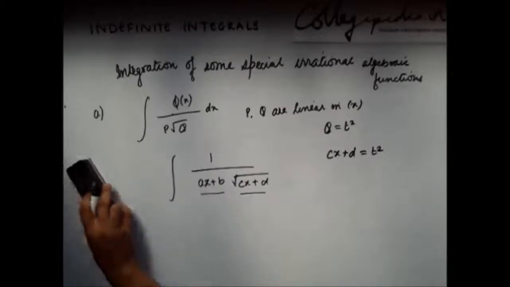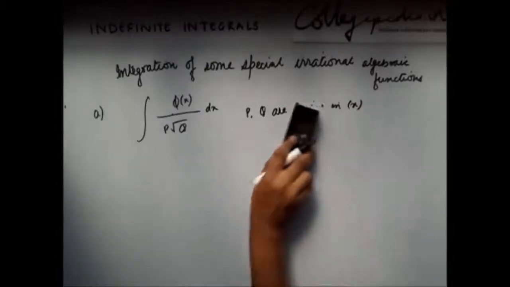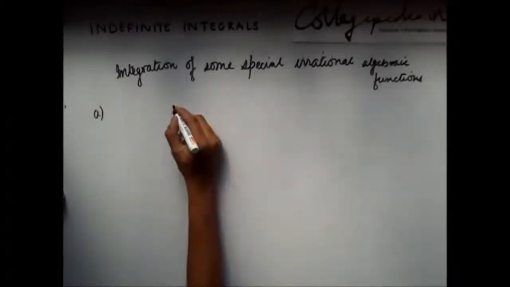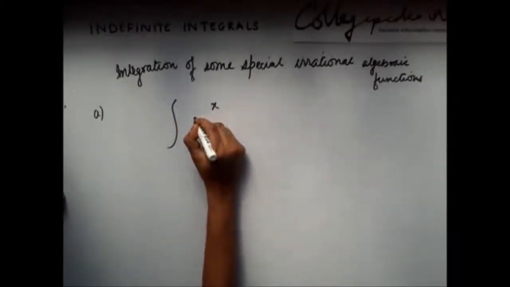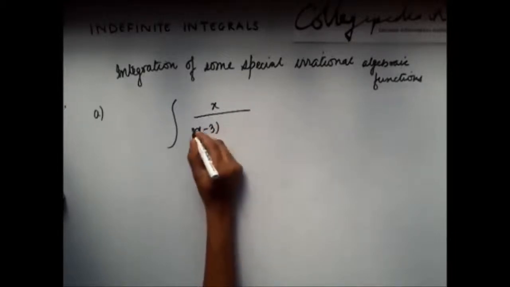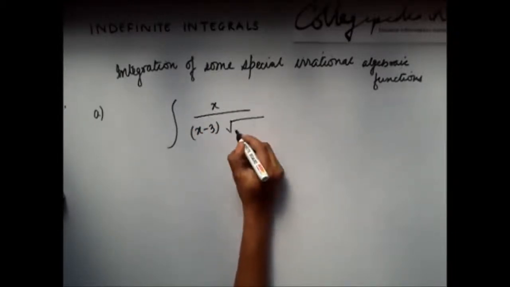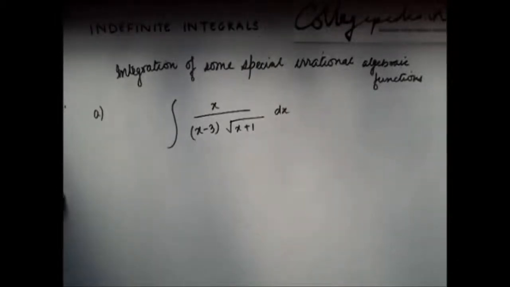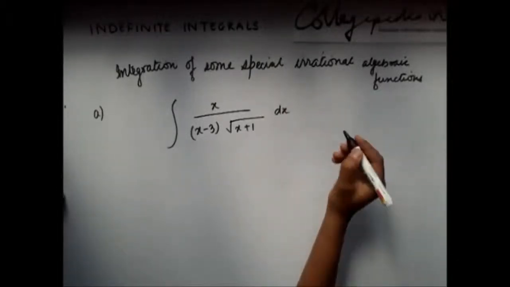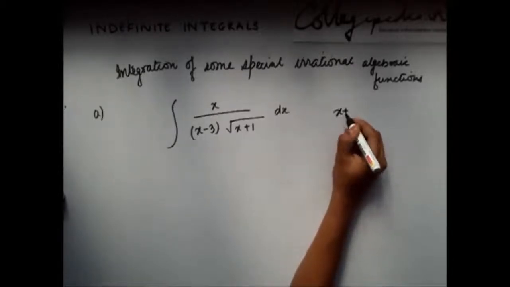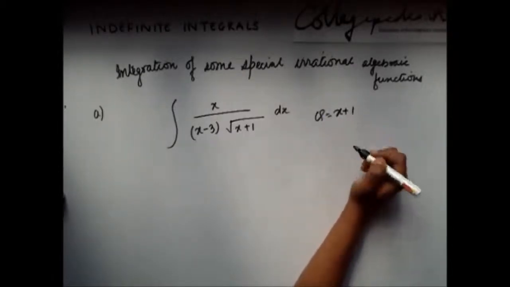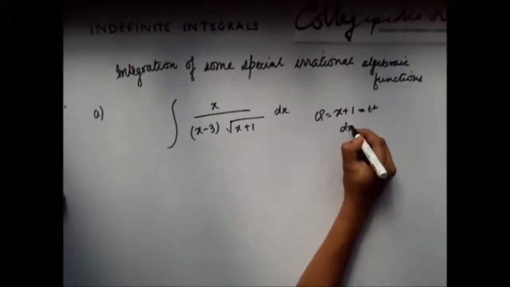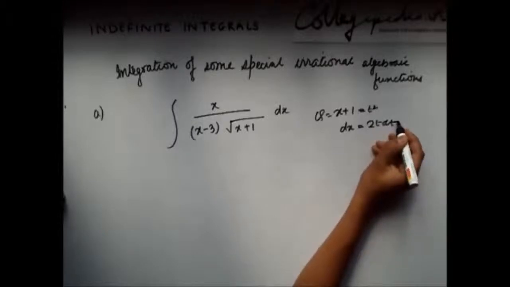Okay, let's take an example where we will be using this. Let's say we have been asked to integrate x divided by x minus 3 root of x plus 1 dx. Now in this case, as I said, my q is x plus 1, which is linear in x. So I substitute this as t square. So my dx becomes 2t dt.